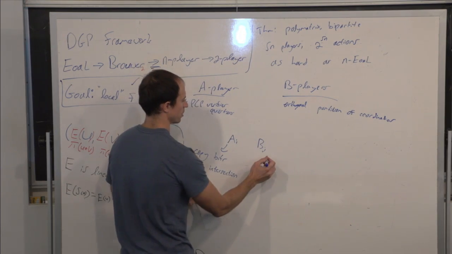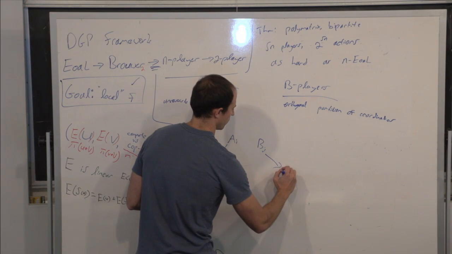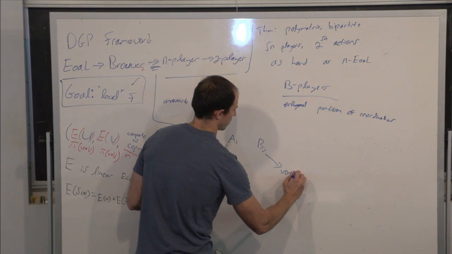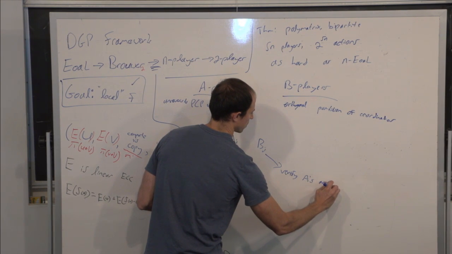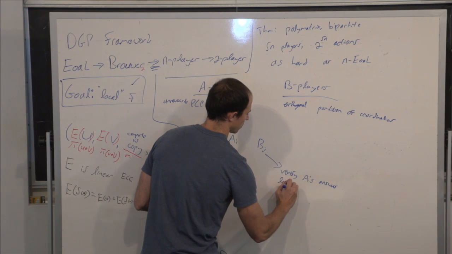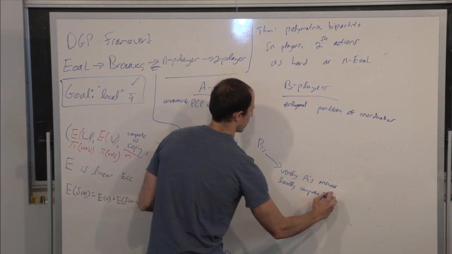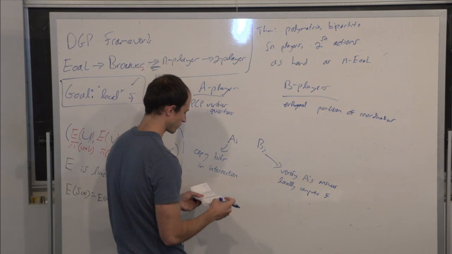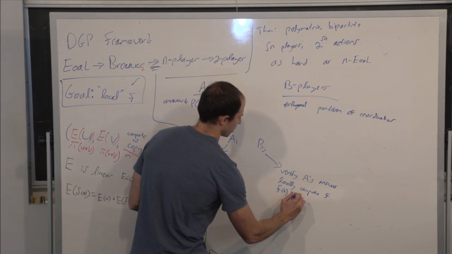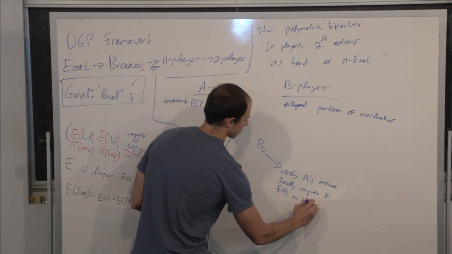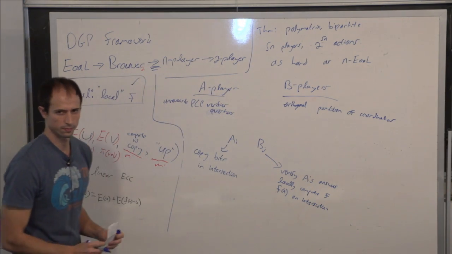And by Berkeley paradox, B_j verifies A_i's answers, locally computes, and then imitates f of x on the intersection. So it's a full bipartite graph. Yeah, every i and j up front.